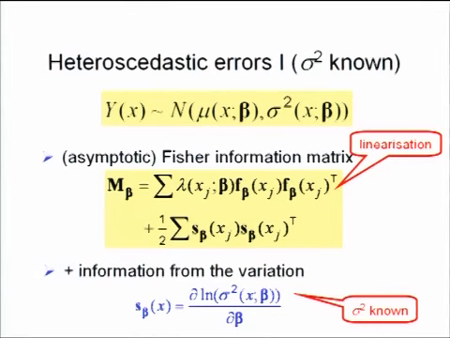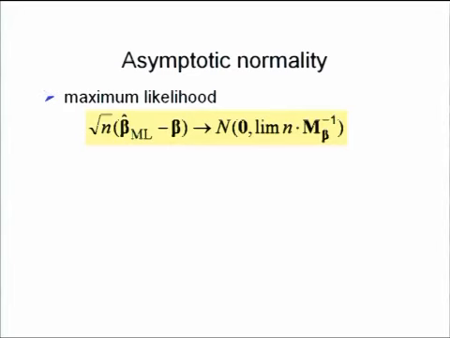So this is the information from the location parameters. Oh, the lambda should be sigma to the minus 2. Well, and we get some information from the variation. So what will this do to our example?